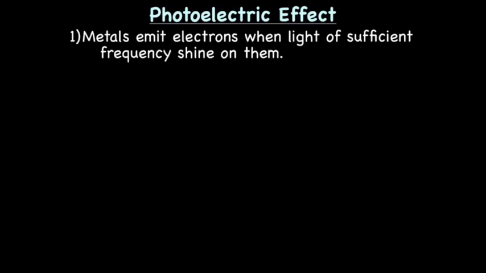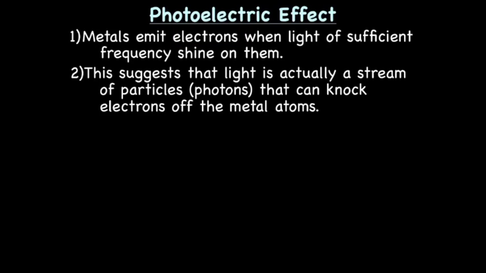It turns out that these same solids, metals, also emit electrons. Radiation is a wave, but metals also emit electrons when light of sufficient frequency shines on them. Interesting. This suggests that light is actually a stream of particles.